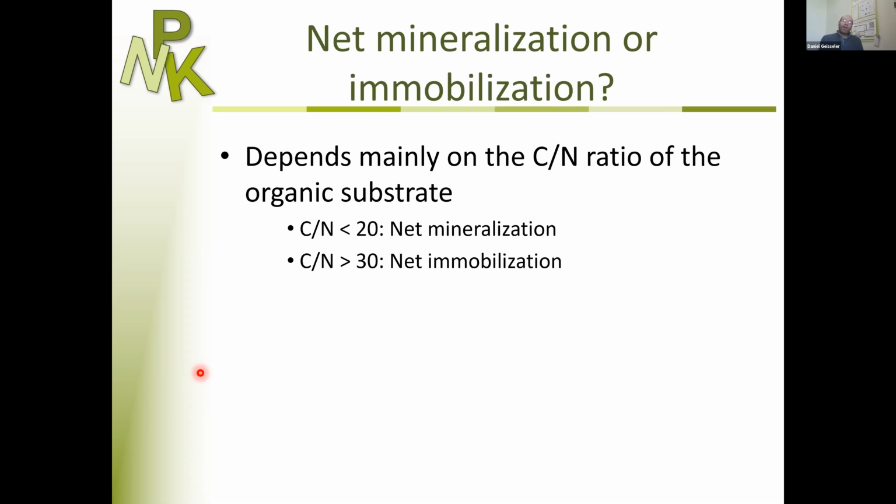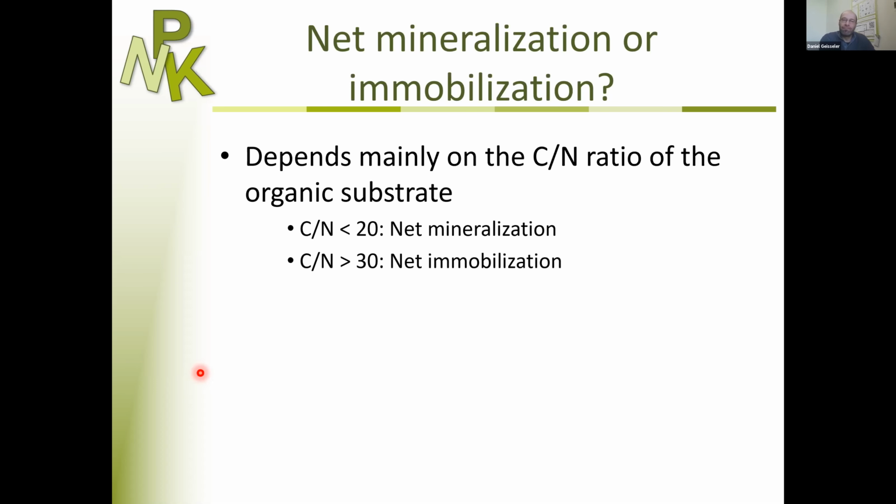The threshold we often use is that we say when the carbon to nitrogen ratio is below 20, we normally see net mineralization or an increase in plant available nitrogen. When the carbon to nitrogen ratio is higher than 30, we can expect net immobilization.